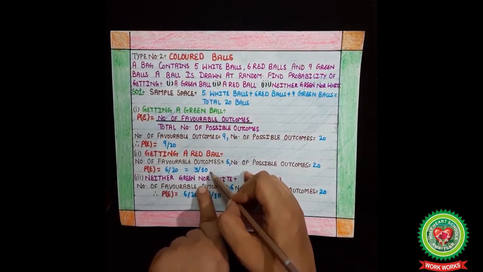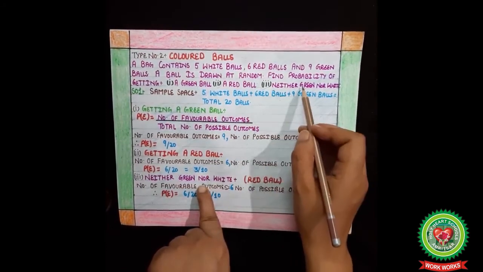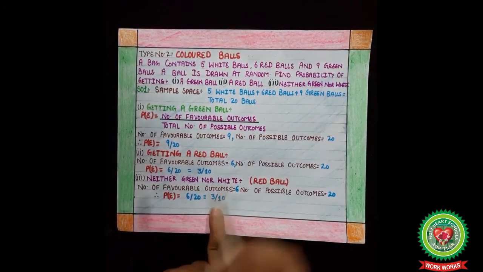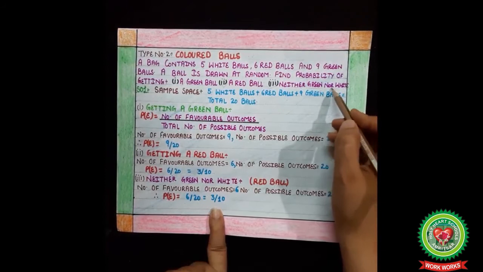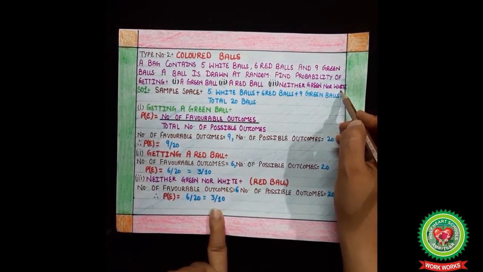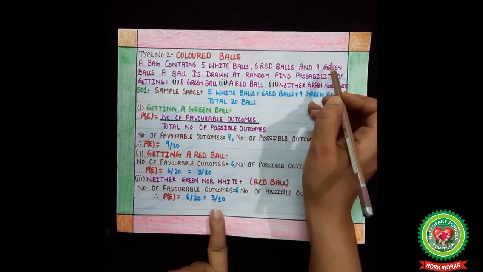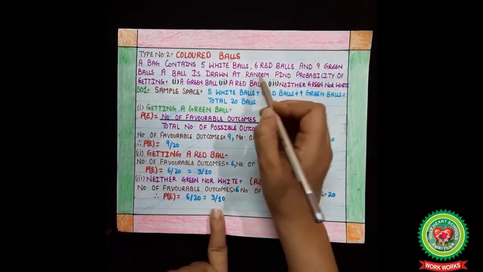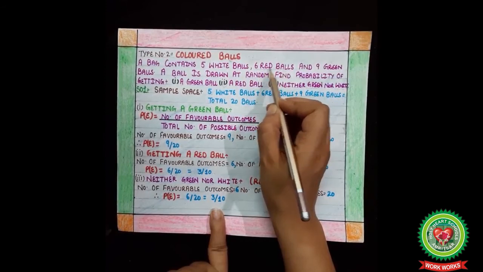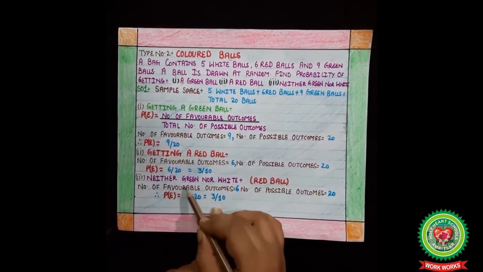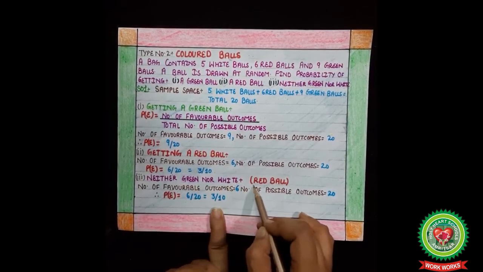Now we are left with third part, that is neither green nor white. Now students, what does it mean? It means neither white nor green, so we are left with only red balls. I have written here neither green nor white means red balls.